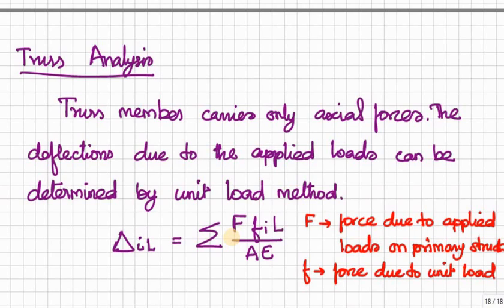Therefore, capital F is nothing but the force in each member due to the applied force. Small fi is the force developed in each member due to unit load. Okay. So L and A are the geometric properties of the member.